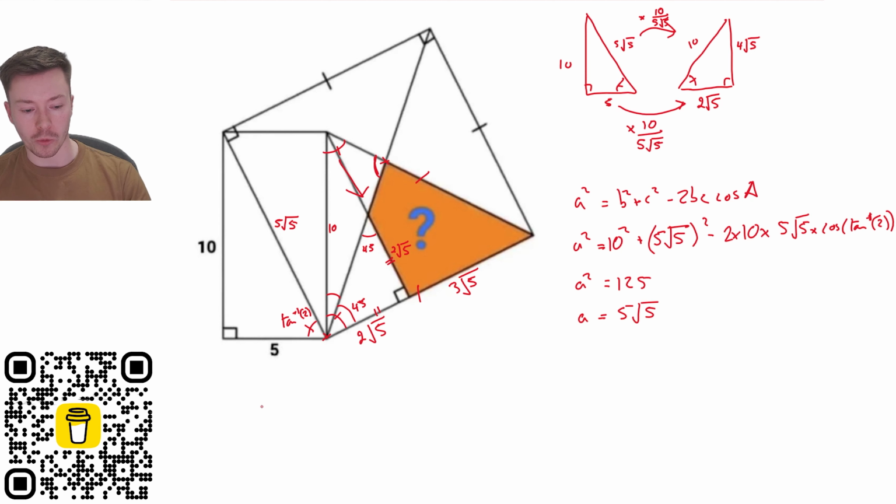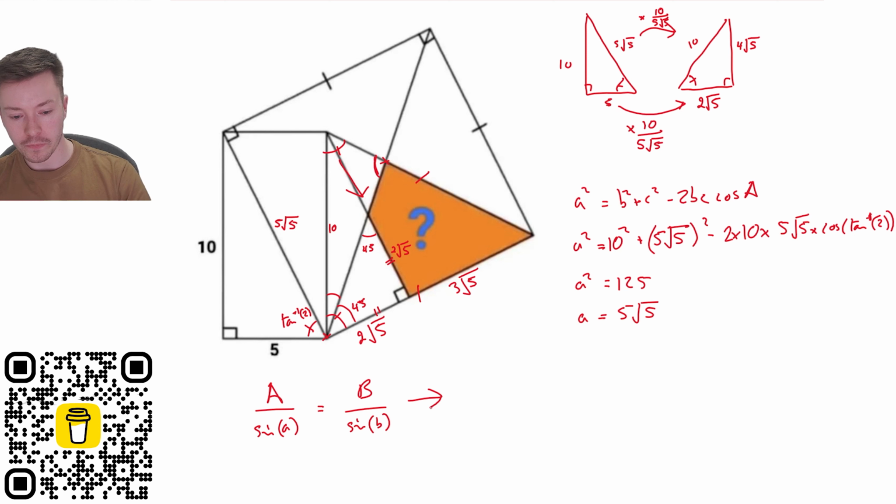Okay, so I'm going to use the sine rule. The sine rule: A over sine A is equal to B over sine B, or the inverse. Now really, actually, I should have done that as lowercase a and lowercase b. Okay, so using this, I'm going to write 10 over this angle.